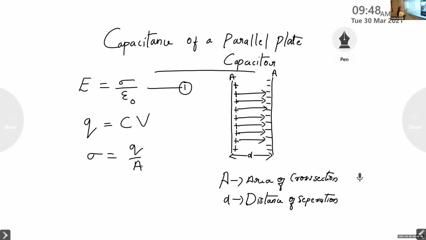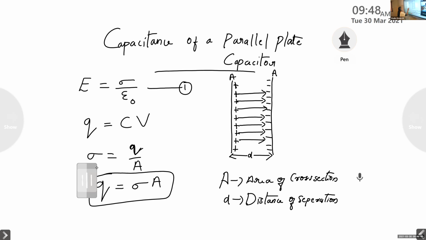From this equation, we can derive an expression for Q: sigma is equal to Q by A, so Q is equal to sigma A. Since the charges are distributed on the surface of the conductor, we can derive the expression for the charge, Q is equal to sigma A.